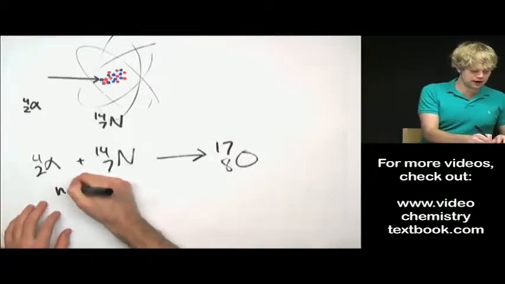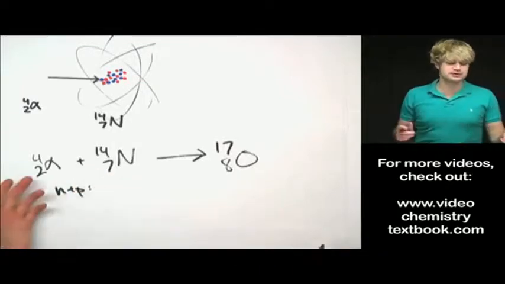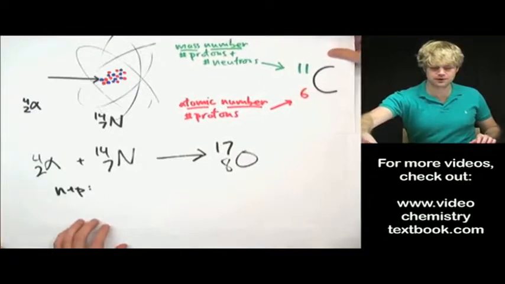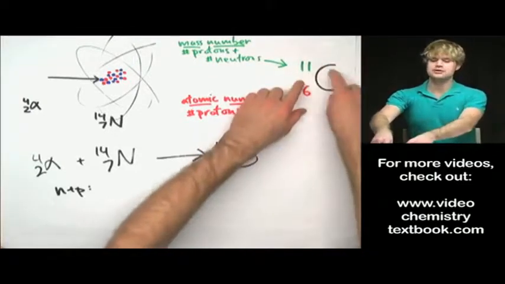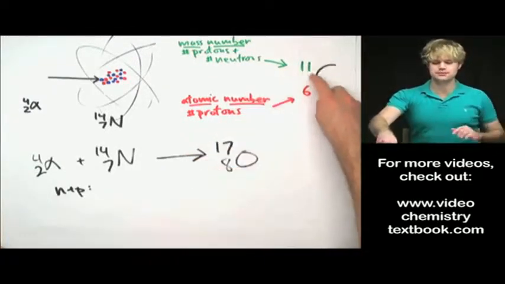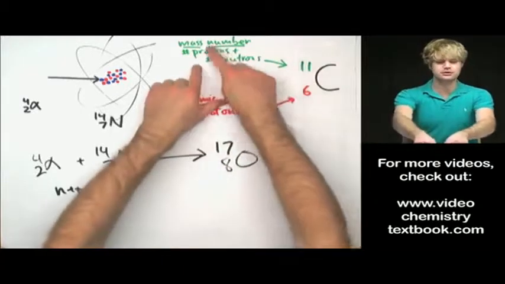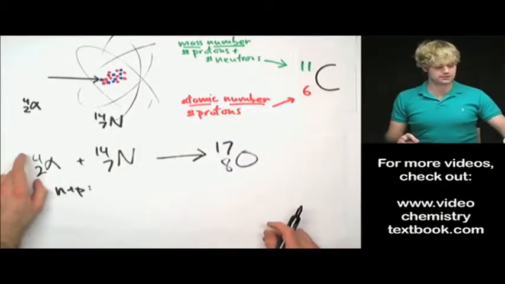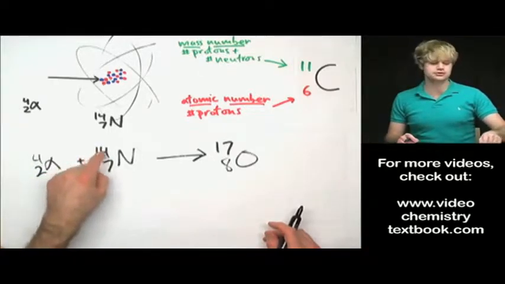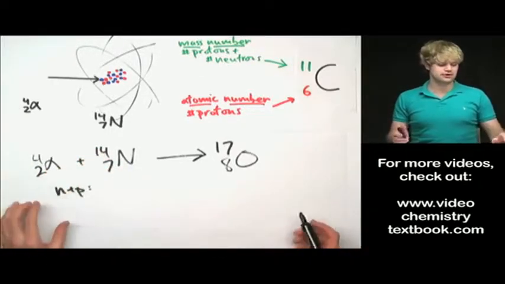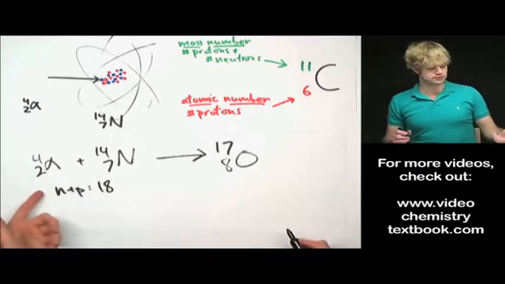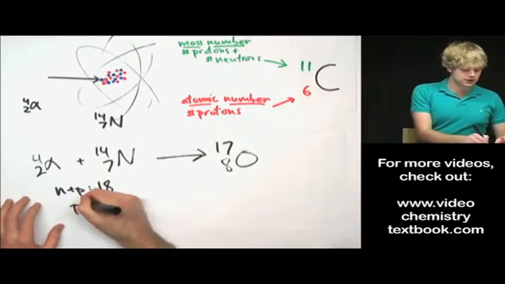So the number of neutrons and protons together is the mass number up here. If you remember, as I'm writing these isotope notation symbols, the number that I have up here is a mass number, which is a number of protons and neutrons. So there are 4 protons and neutrons together in the alpha particle, and there are 14 protons and neutrons together in this atom of nitrogen. So that means that altogether I have 19 neutrons and protons here. How many protons do I have?